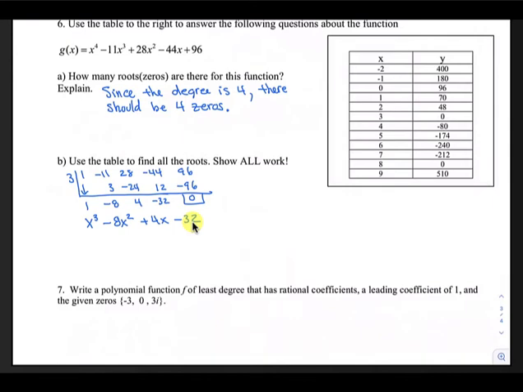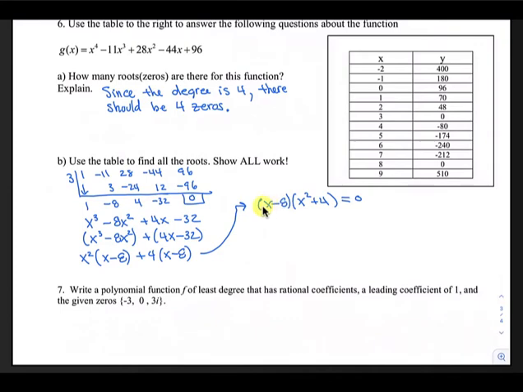So let's factor by grouping. Grouping the first 2 together and the last 2 together. The common factor in the first group is x squared, which leaves us with x minus 8. And the greatest common factor in the second group is 4, which leaves us with x minus 8. The x minus 8 is common, and so you have x minus 8 times the x squared plus 4.